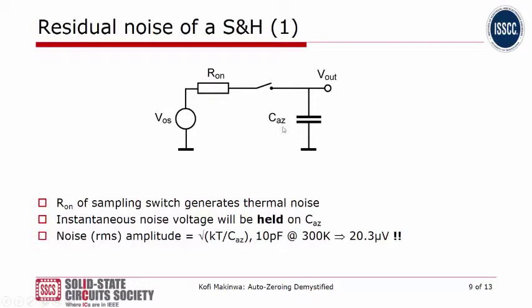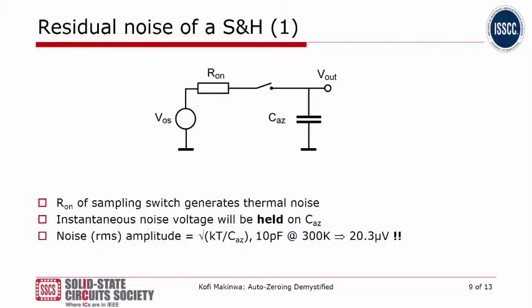Now, from your old signal processing classes, you should remember that the amplitude of the noise on this cap, this is an RC circuit, will be the square root of kT over C. And if you have a 10 picofarad cap at room temperature, the worst case amplitude that you could get sampled on this cap is in the order of 20 microvolts.